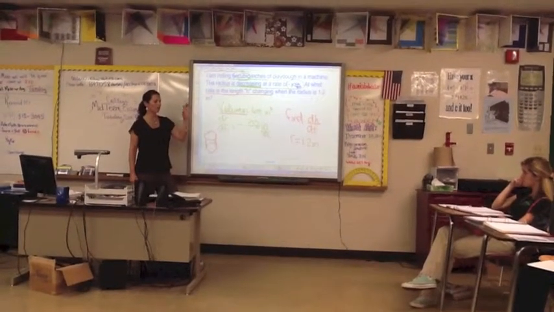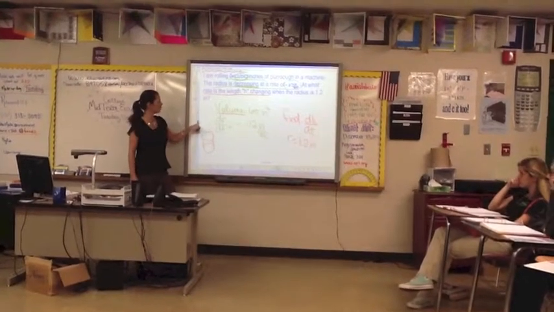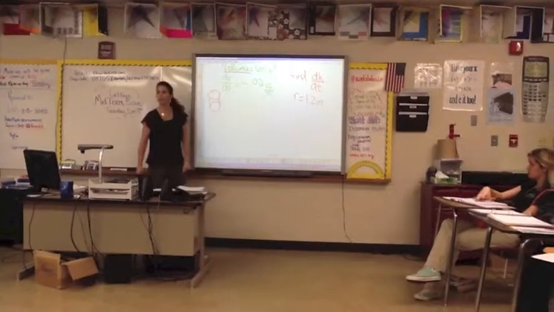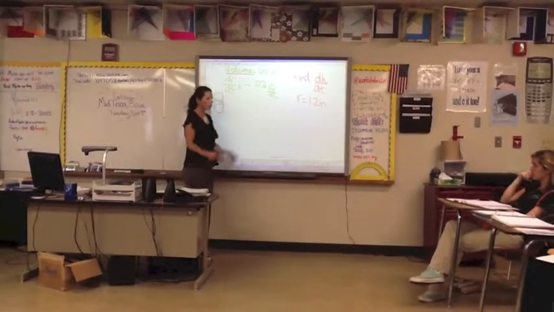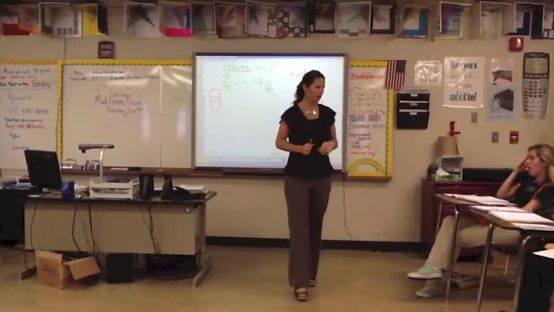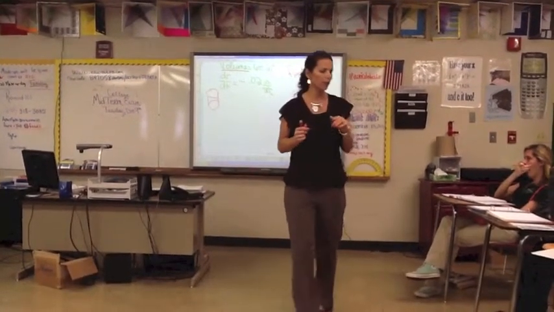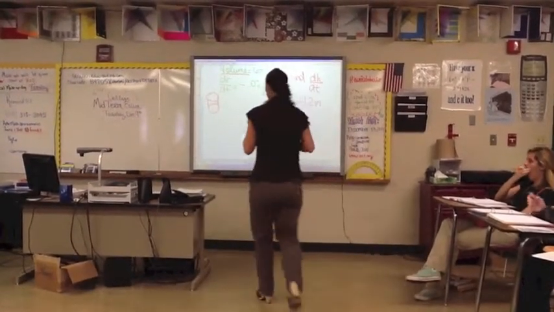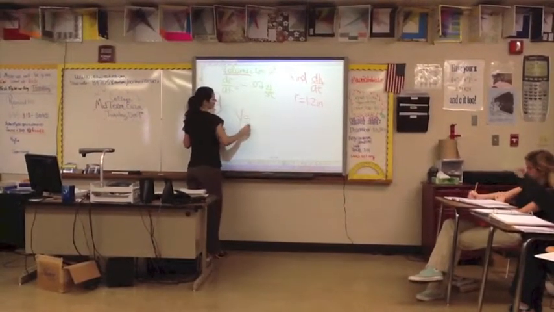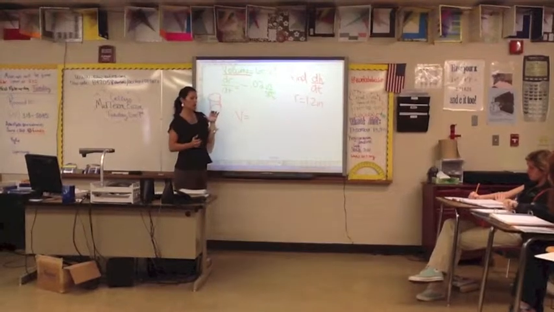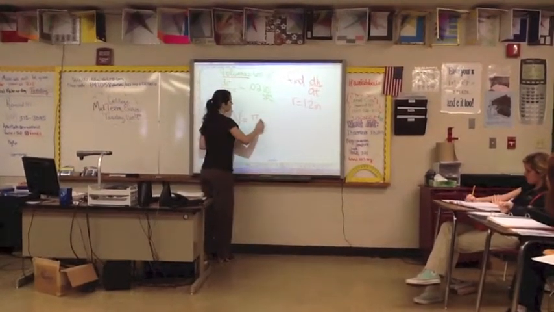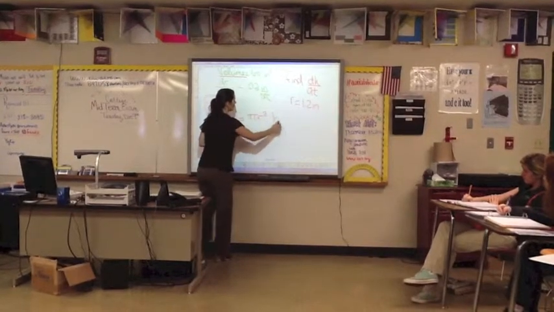So what is the formula for volume of a cylinder? The area of a circle times its height. Correct. The base is a circle. We talked about that the other day about how to figure out three-dimensional volume. So we start off with volume is equal to, what's the area of the circle? Pi times the radius squared times the height.